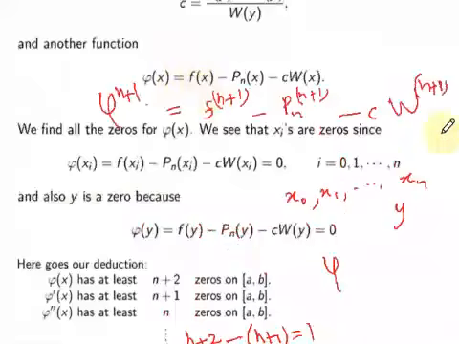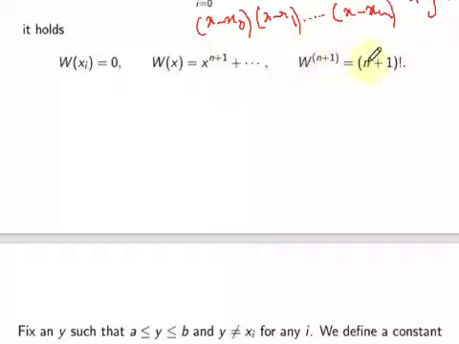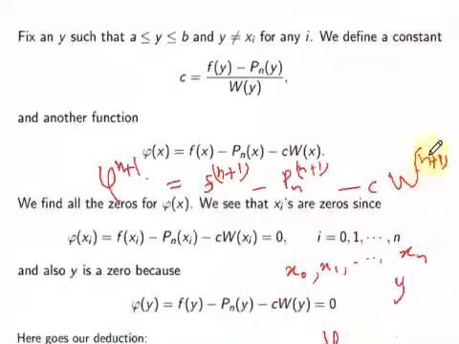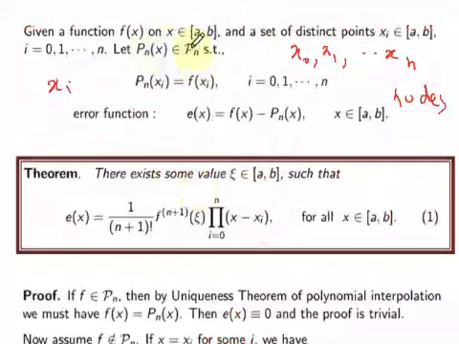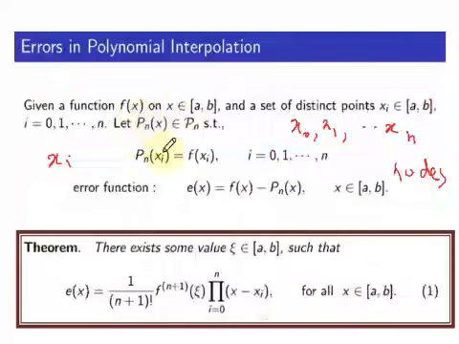Because P n is a polynomial with degree less than or equal to n, when you differentiate it n plus 1 times, that becomes 0.